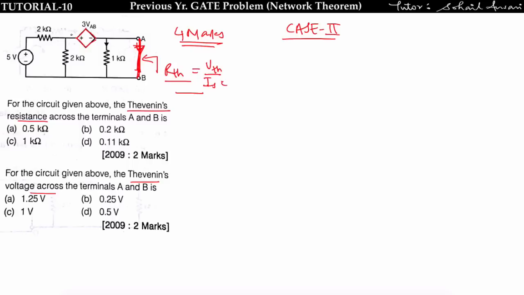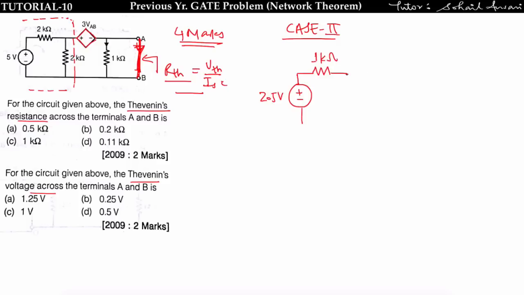So I am reducing this circuit. This much I can reduce to one voltage source in series with one resistance, which I have already explained how we obtain. The voltage is given by 5 multiplied by 2 divided by 4, that is equal to 2.5 volt, in series with 2 parallel with 2, that is equal to 1 k ohm.